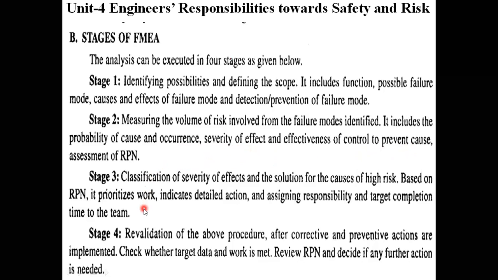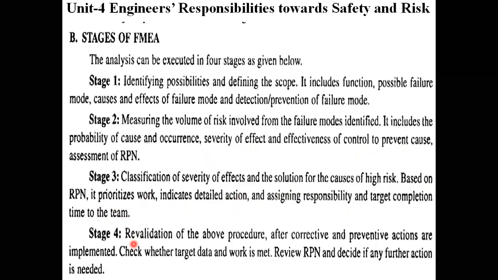RPN. And in the third stage, classification of severity of effects and the solution for the cause of high risk based on the RPN. It prioritizes work, indicates detailed action, assigning responsibility and target completion time to the team. And in stage 4, revalidation of the above procedure after corrective and preventive actions are implemented.